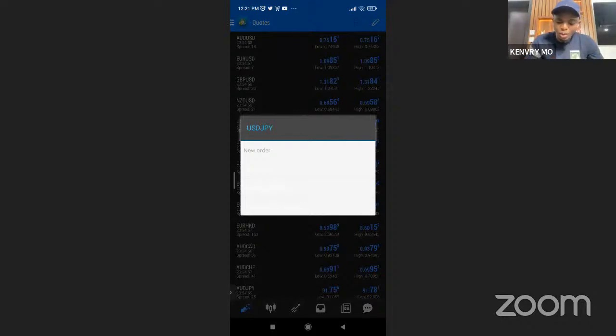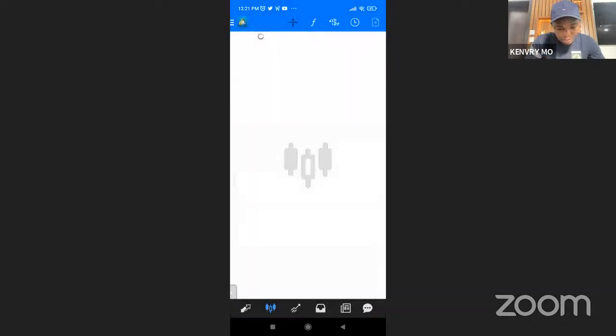So new order is how you take a trade on Android. New order, open chart, symbol properties. I don't know why this one is like this, but I'm seeing it here, and I'm not sure you are seeing it well. Okay, so this is the open chart of USD JPY. You click.